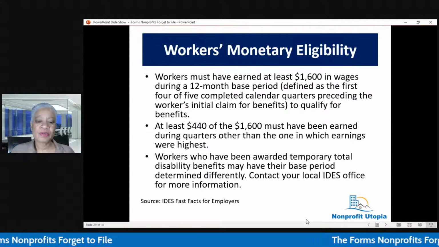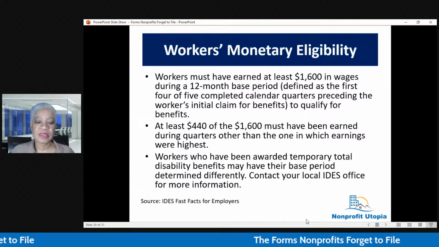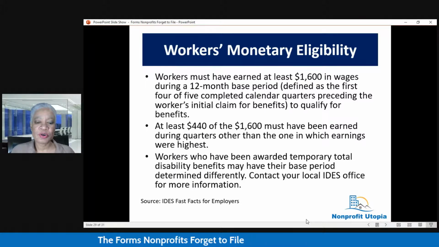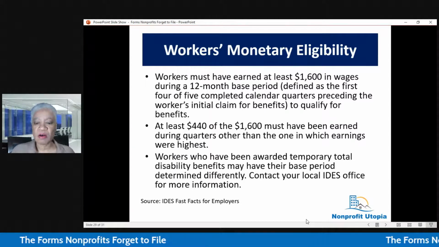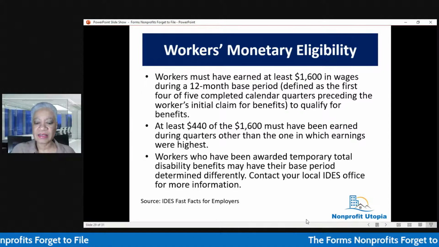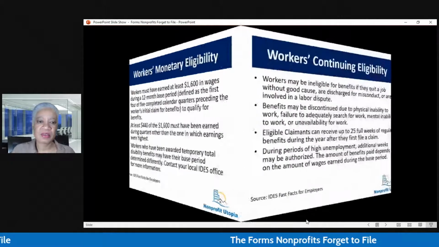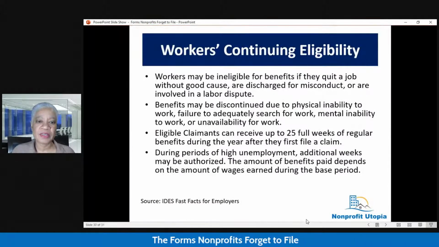All right, workers who have been awarded temporary total disability benefits may have their base period determined differently. So you need to call your IDES office and talk to them about your particular situation.